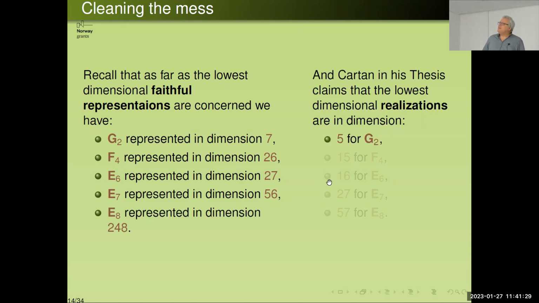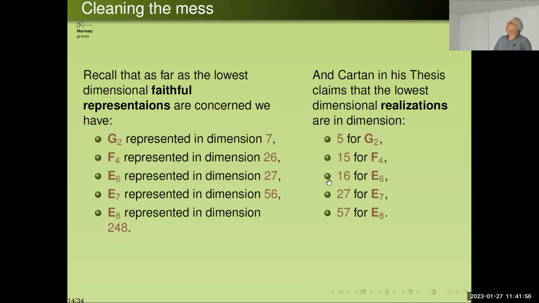What Cartan says is that actually G2 can be realized in dimension 5, F4 in dimension 15, E6 in 16, E7 in 27. So you see these non-linear realizations of these groups are in much lower dimensions than the lowest dimensional irreducible representation.